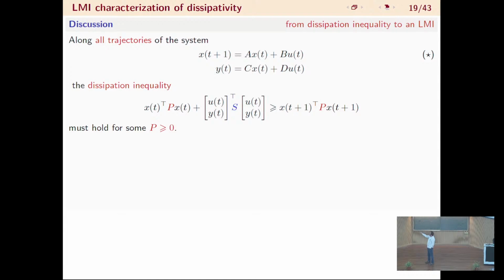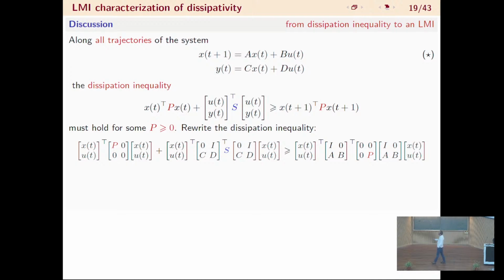And here also y is given in terms of x and u. That I can plug in. If I do that, this is the first term, everything is in terms of x, u now: x transpose P x. And if you look here, zero identity times xu is going to give me u, and C x plus D u is going to give me y. So this is the second term.